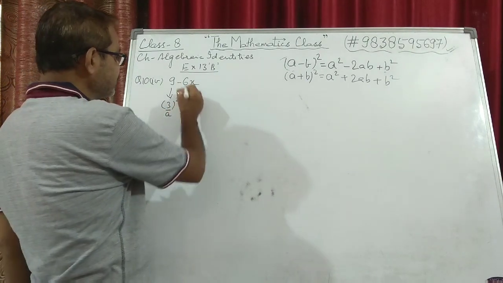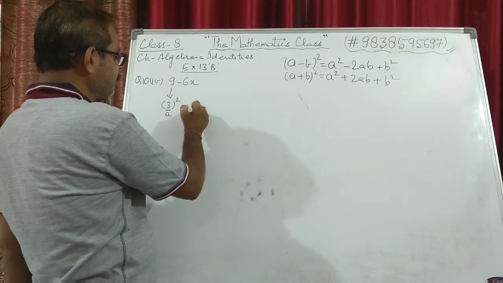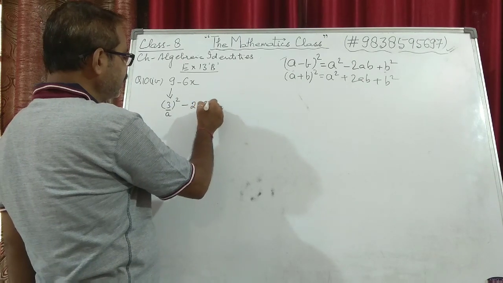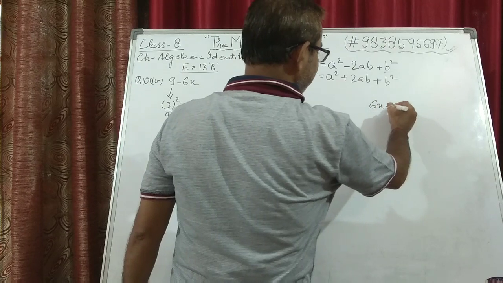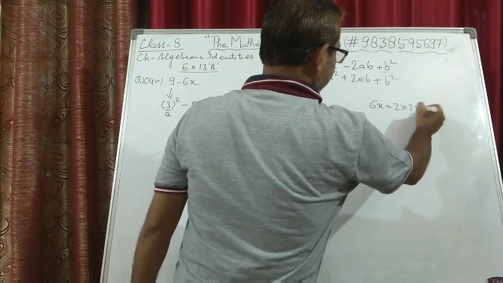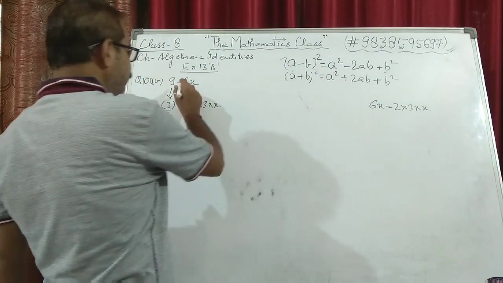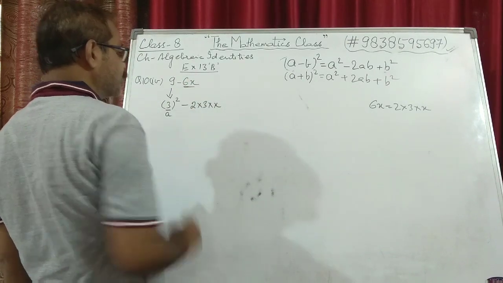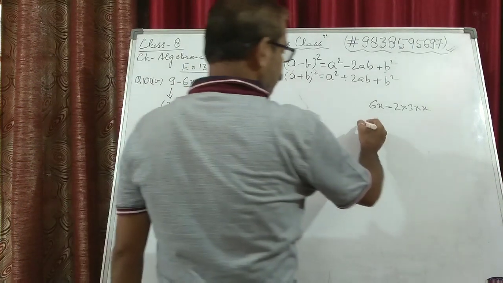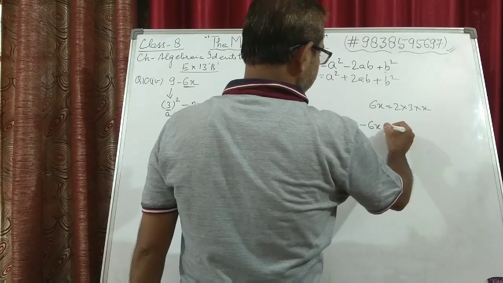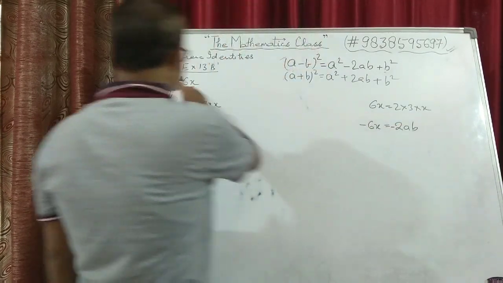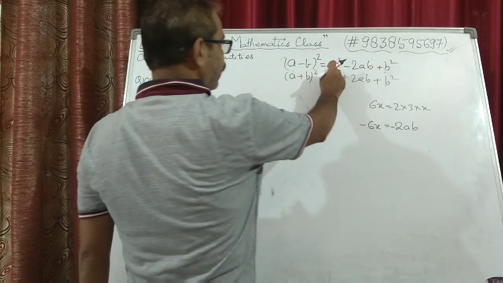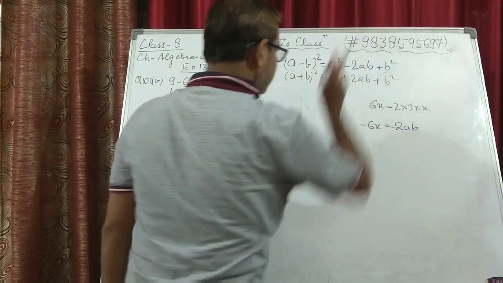Then it is minus 6x. 6x can be written as 2 into 3 into x, and this is generally the middle term. So when minus 6x is compared to minus 2ab, because here it is minus, they are following a square minus 2ab plus b square.